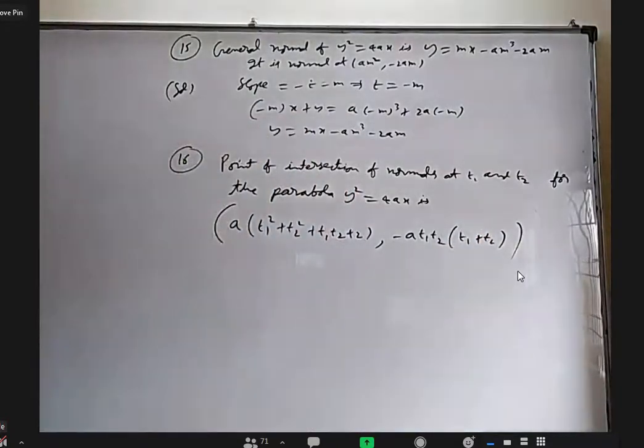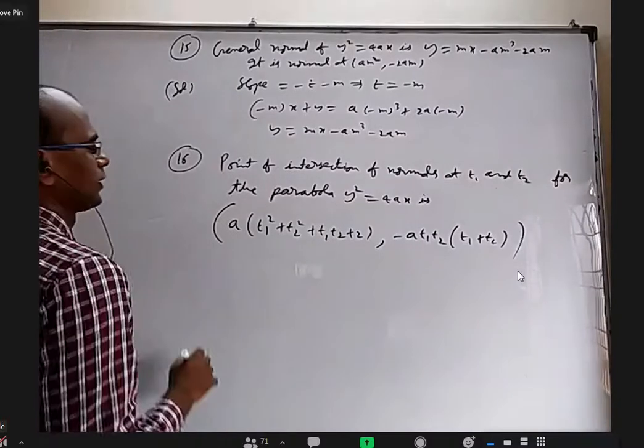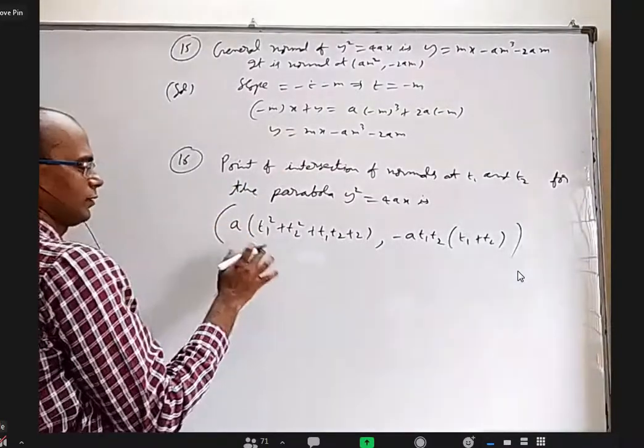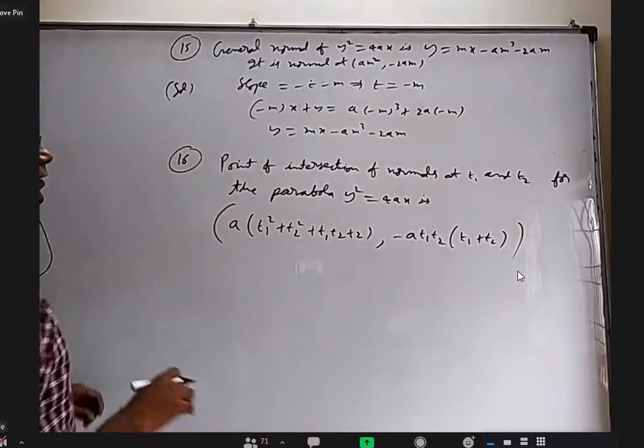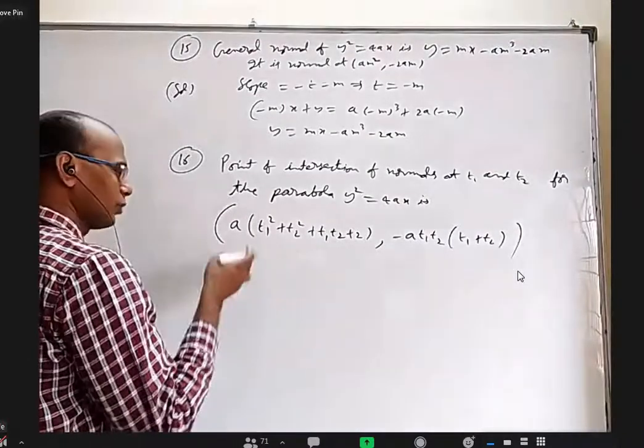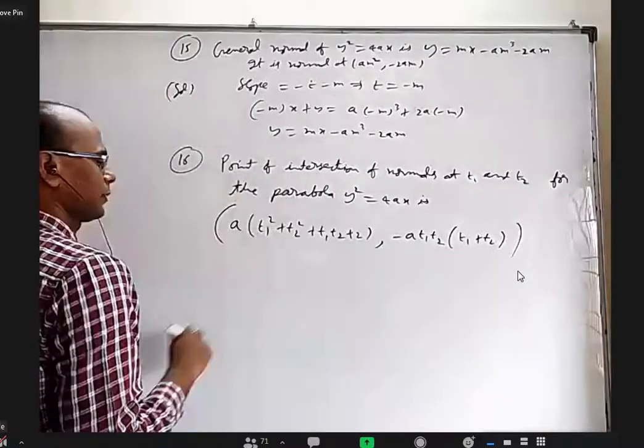Yes, correct. You're right. We'll use it in very few questions, hardly 2-3 questions. So maybe it is difficult to remember, but if you remember it, in a few questions it will save time.